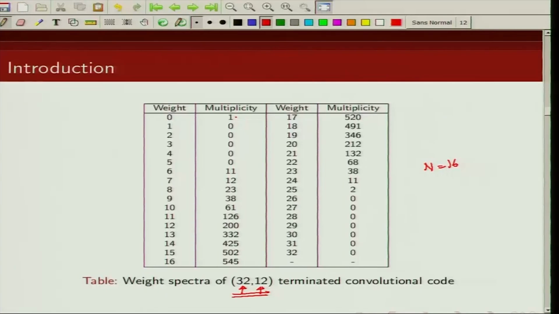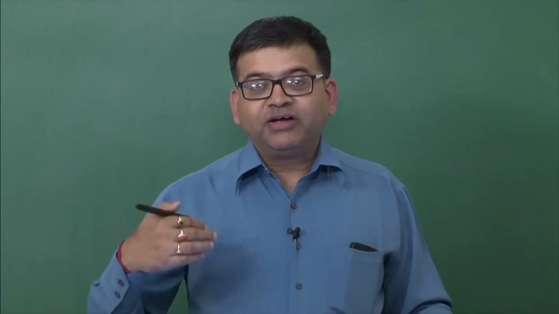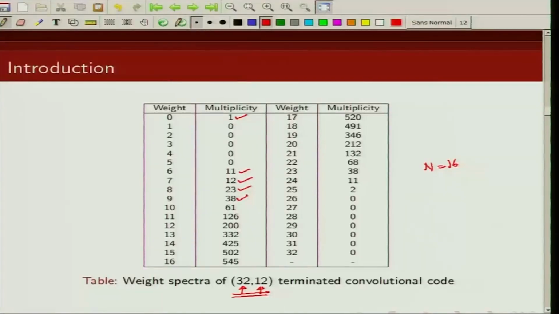So there is a code word of weight 0. Then we have 11 code words of weight 6, 12 code words of weight 7, 23 code words of weight 8, 38 code words of weight 9, and so on. Now let us compare the weight distribution of a terminated convolutional code with a corresponding parallel concatenated code with similar parameters.